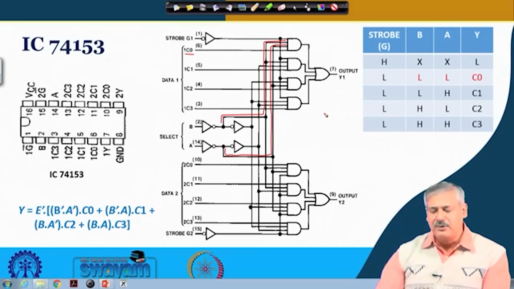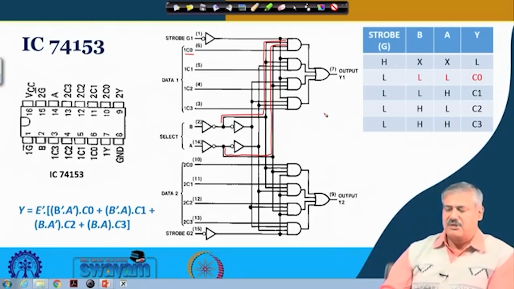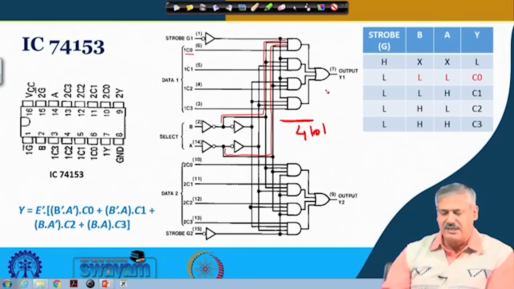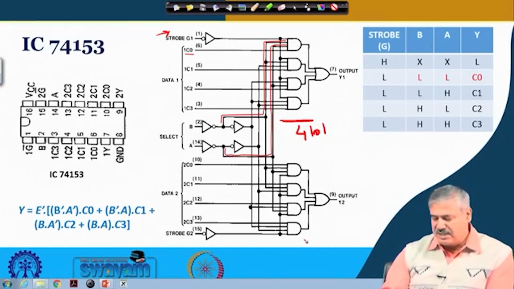So, in this circuit I will discuss all the inputs and other things. First thing you can see there is one 4-to-1 multiplexer over here. There are some other additional inputs we shall discuss later. So, this is another 4-to-1 multiplexer that we can see.